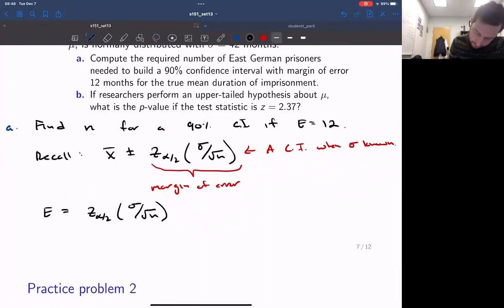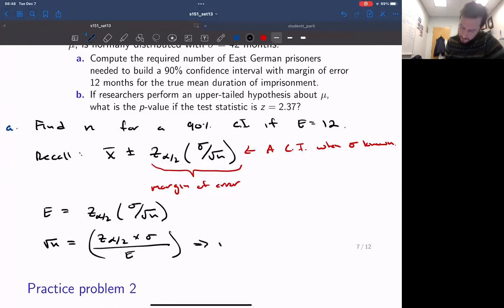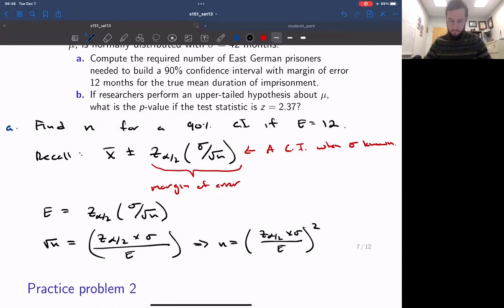To do that, square root of n is equal to Z alpha over 2 times sigma divided by capital E. And then n is equal to Z alpha over 2 times sigma divided by capital E, squared. Any questions?